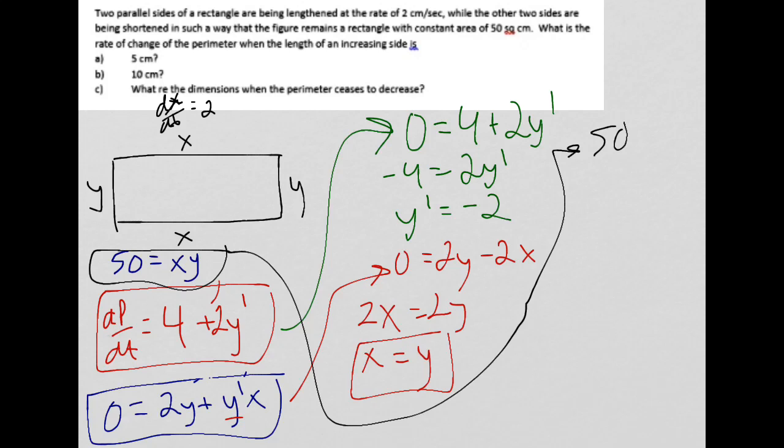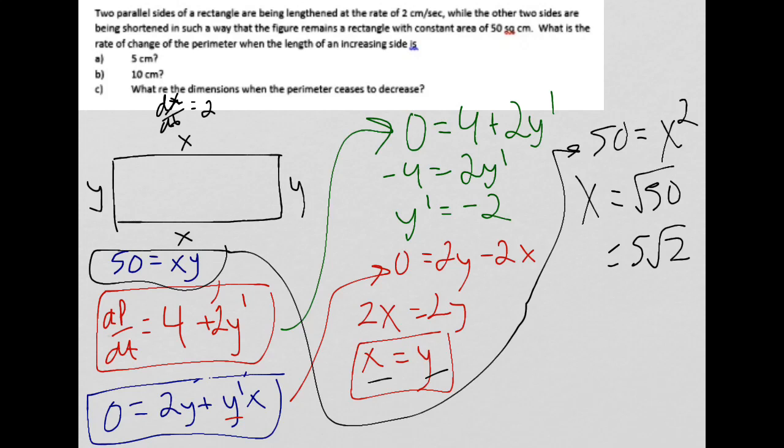So I get 50 equals, well, x and y are the same thing, so I could just replace the y with an x. So I get 50 equals x squared, which tells me x is root 50, which gives me 5 root 2, which you should be able to do, split up to 25s. And then that's what y is as well.